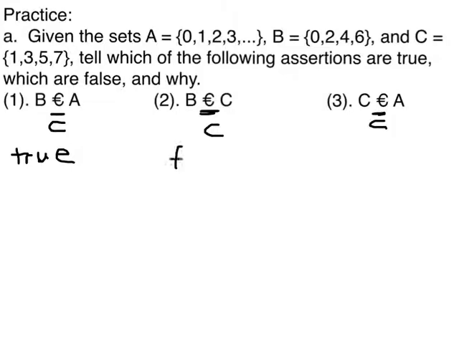So this would be false because none of the elements of C are in B or B in C. All right, number 3, C is a subset of A. Well, that would be true because A includes all of the whole numbers, and that would include 0. So every element in C, 1, 3, 5, and 7, would be contained in set A.